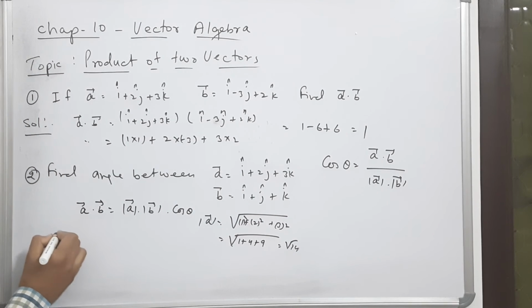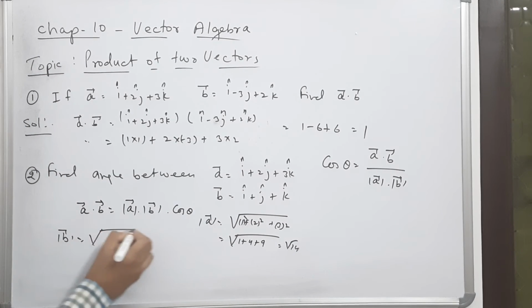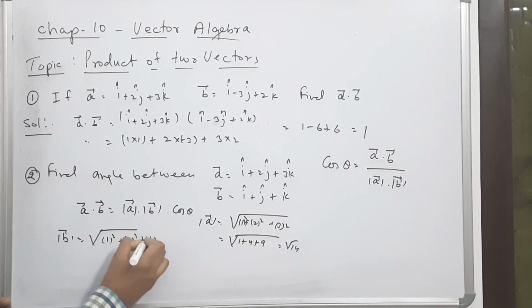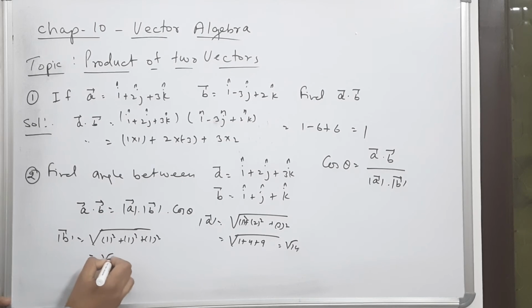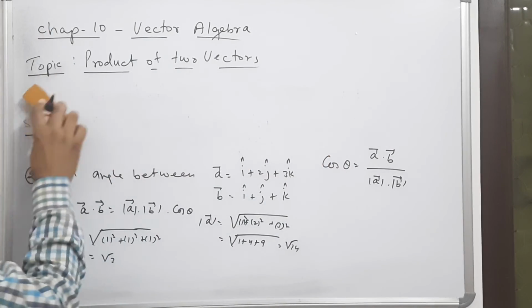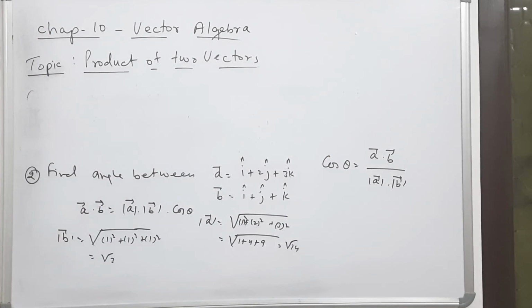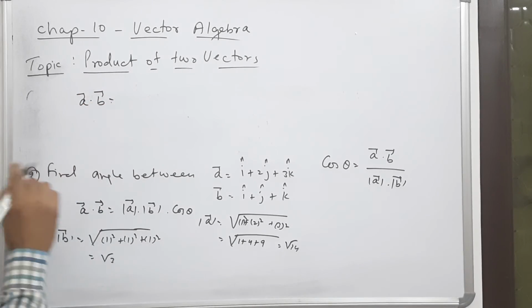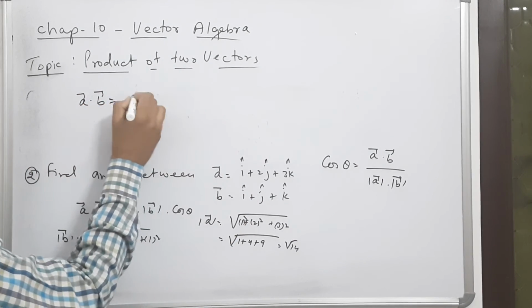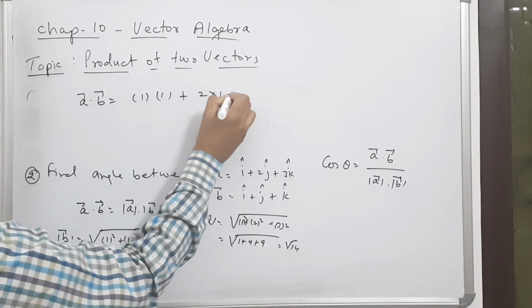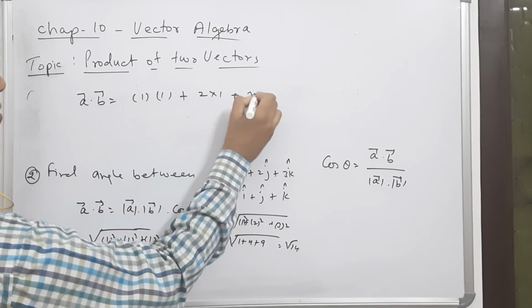What will be the magnitude of B vector? The magnitude of B will be root of 1 square, 1 square, 1 square, so this answer will be root 3. And the last part is we will calculate A dot B. A dot B will be 1 into 1 plus 2 into 1 plus 3 into 1.